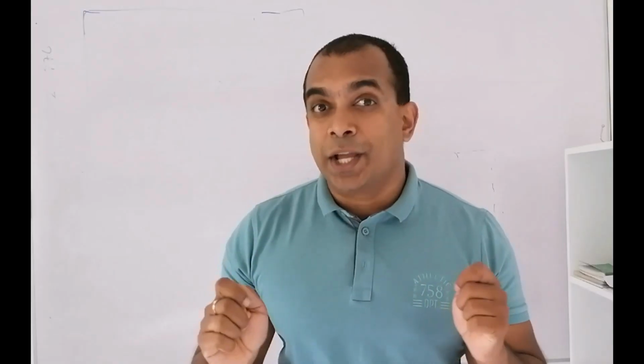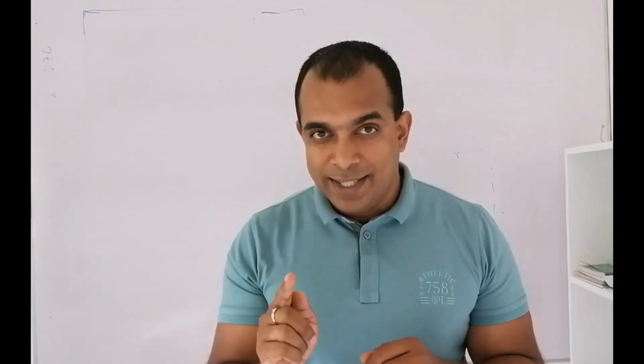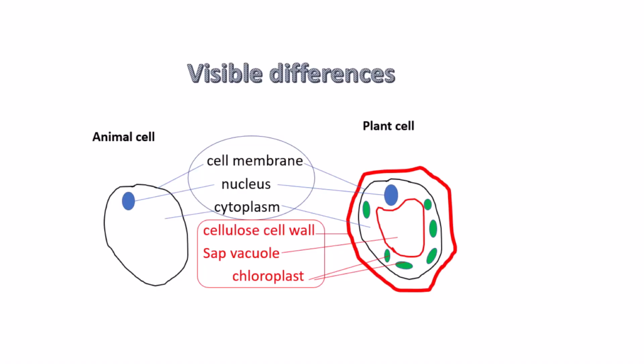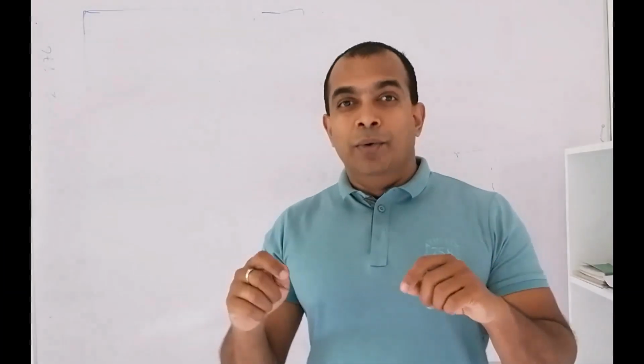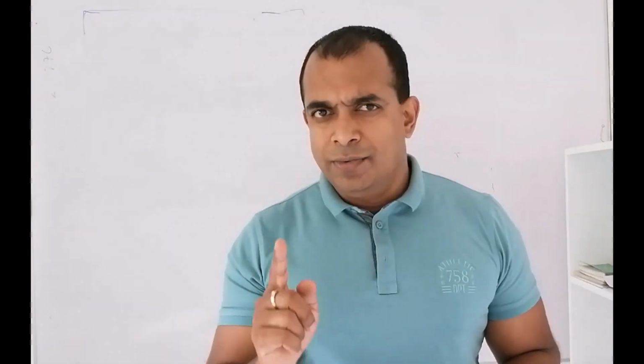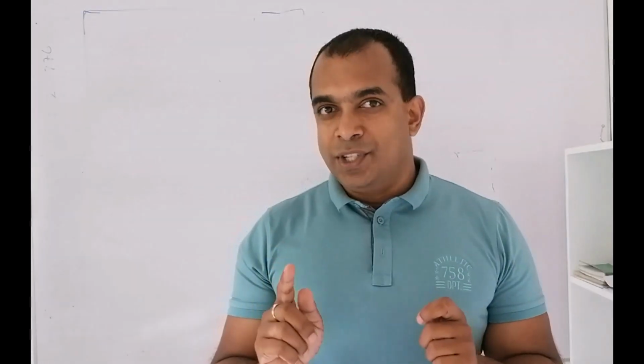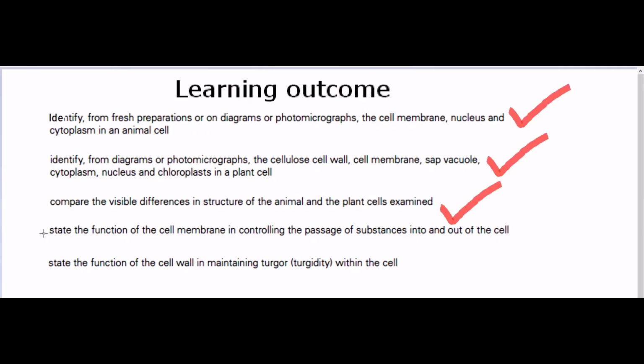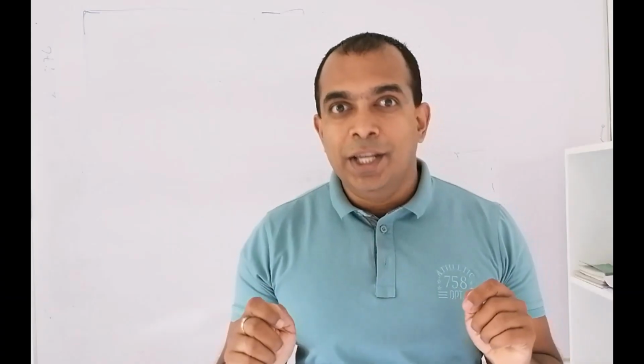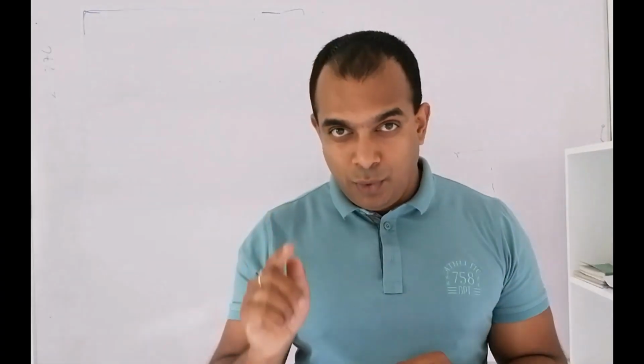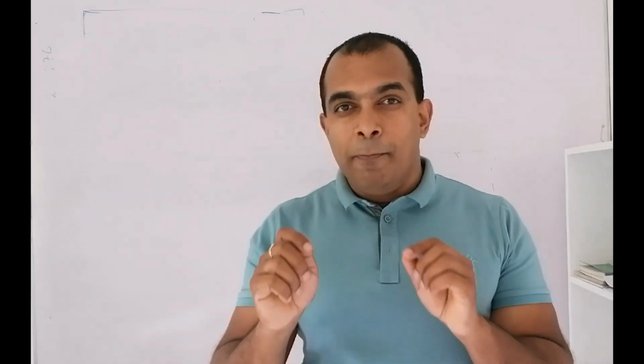And we can compare the visible differences in the structure of a plant cell and an animal cell. We remember the function of the cell membrane in controlling the movement of substances in and out of the cell. And finally, we remember the function of the cell wall in helping maintain the turgidity of the cell.